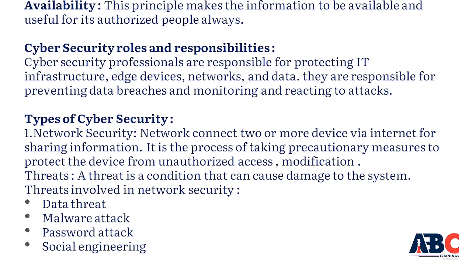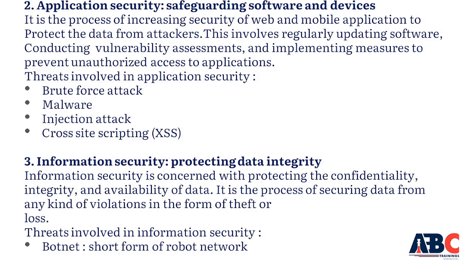What are the threats involved in network security? First, data threat. Second, malware threat. Third, password attack. Fourth, social engineering attack. Second type, application security. If we take a web application or mobile application, we have to protect that application from the attacker, so we need application security.